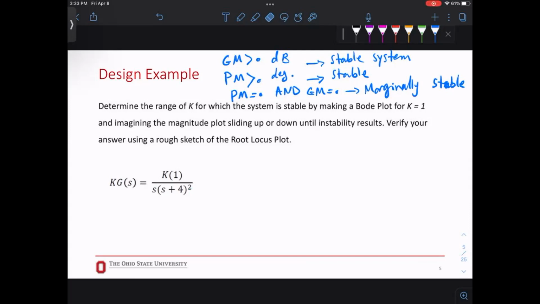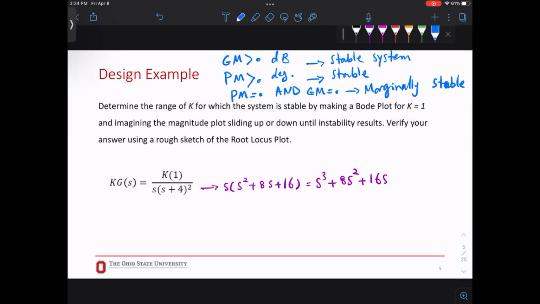Now, I'm gonna show you a magic trick. Without looking at the response of the system, I will tell you that this system is unstable. How do we go about telling the instability or stability of the system? We look at the denominator, right? So here, the denominator is S times (S squared plus 8S plus 16). And if I open that, it is S cubed plus 8S squared plus 16S.